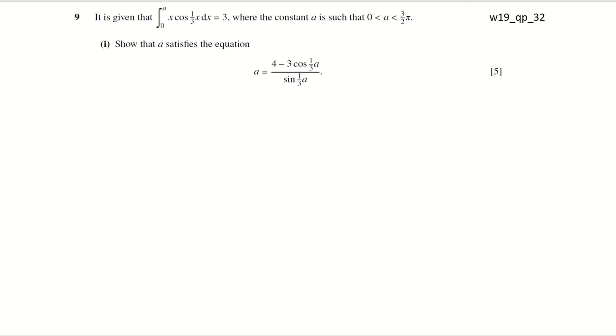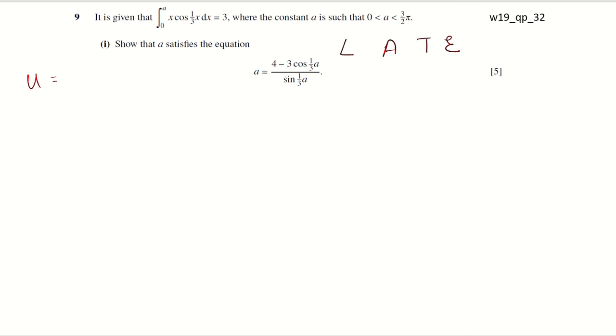Okay, so in this question also we have to do integration by parts because there are two different functions. One is a trigonometric function and the other one is an algebraic function. So in order to find out what u is, we'll have to use the word LATE, as we have done before. L stands for log, A stands for algebraic functions, T stands for trigonometric functions, and E stands for exponential functions, right?